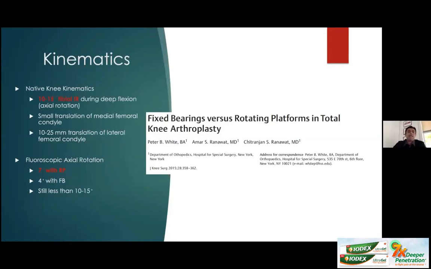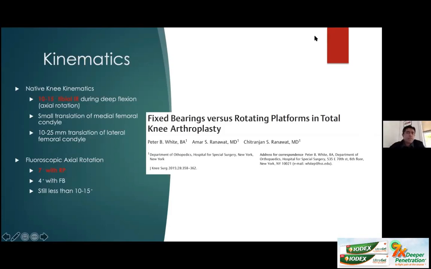So in a native knee, there is a lot of tibial internal rotation during deep flexion, and there is a little bit of translation.